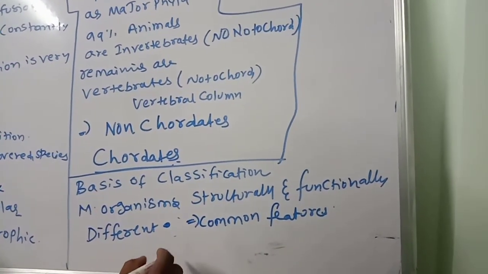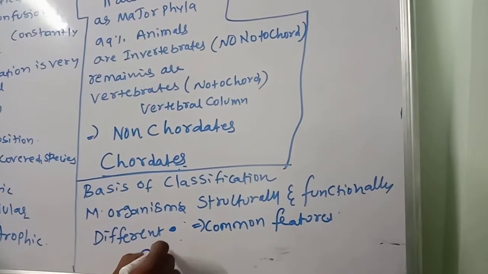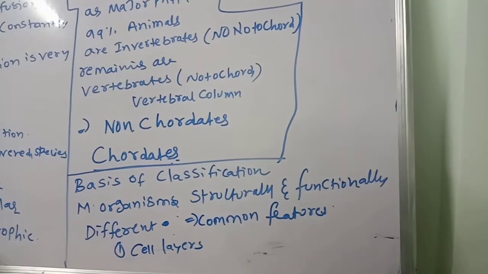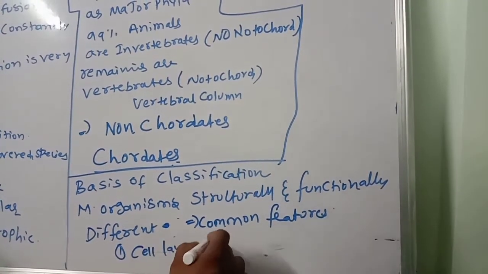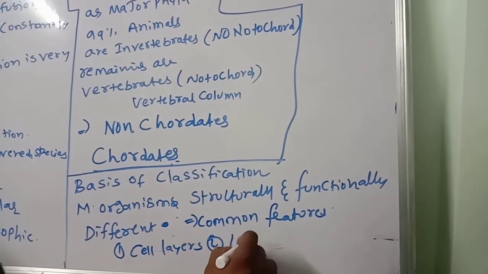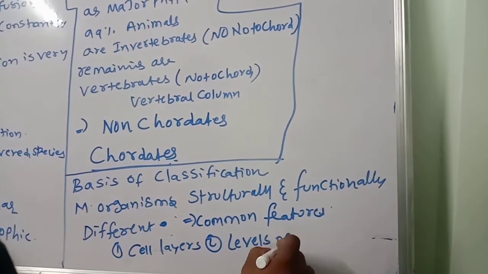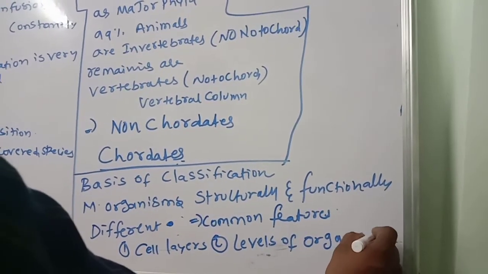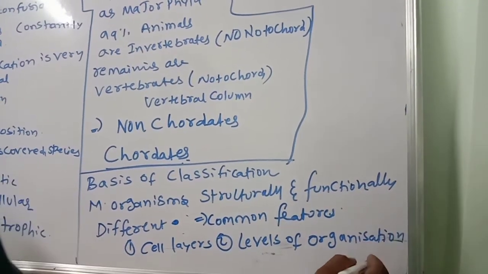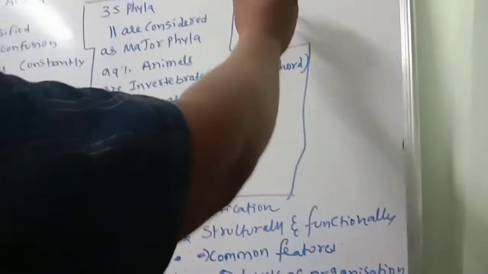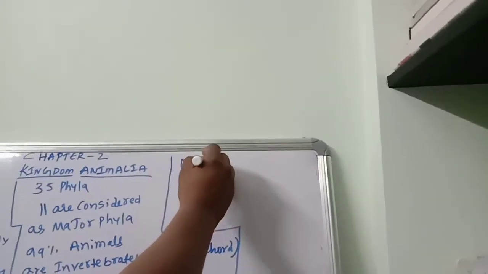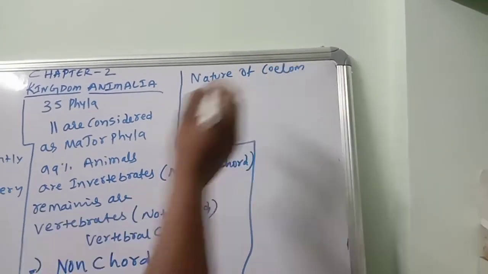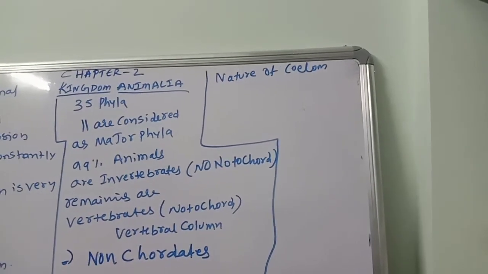Number one, cell layers. Number two, the levels of organization. Number three, nature of coelom; coelom means the space between the body wall and the alimentary canal.